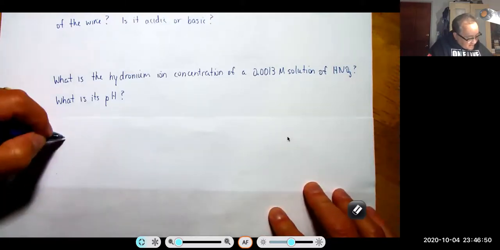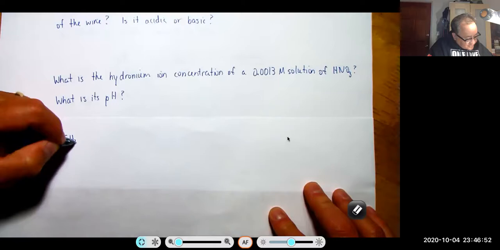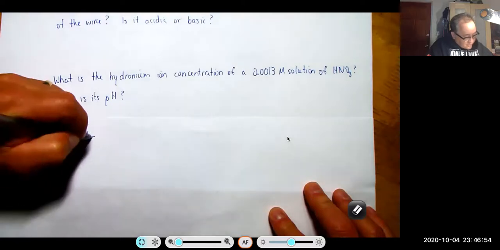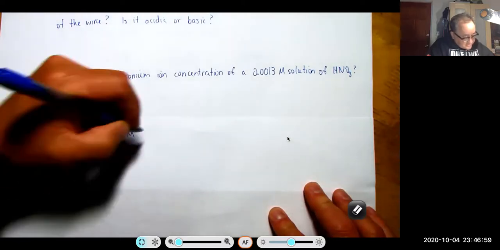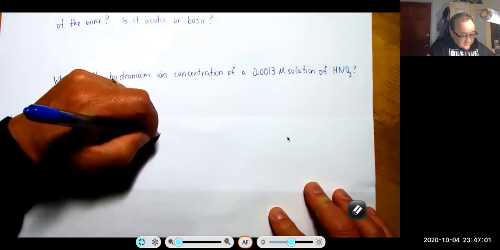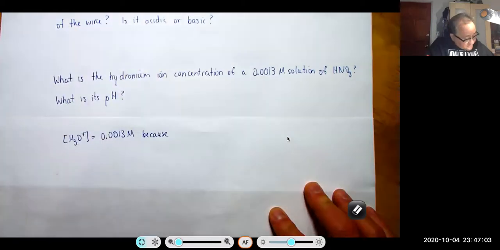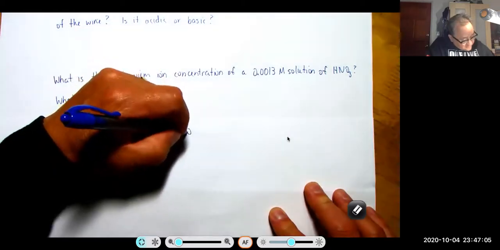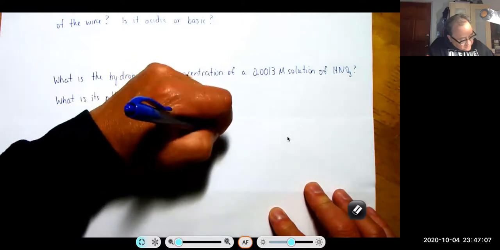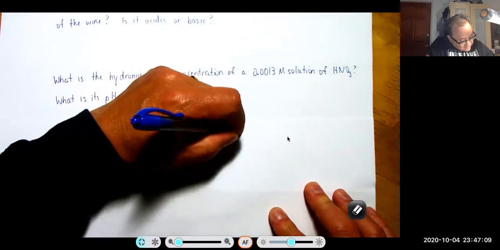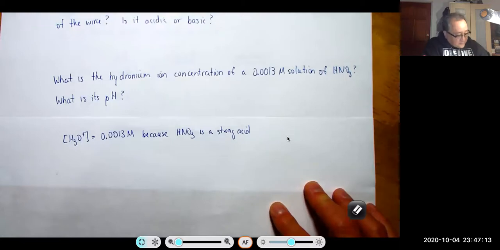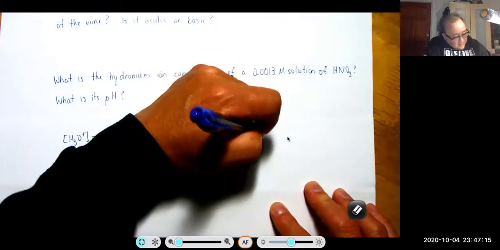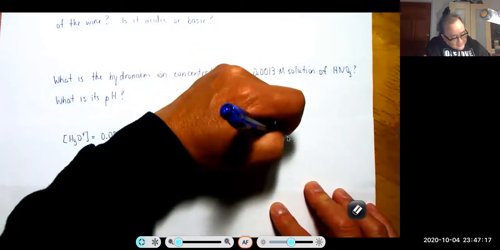So the hydronium ion concentration will also be equal to 0.0013 molar because nitric acid is a strong acid, and it ionizes completely.